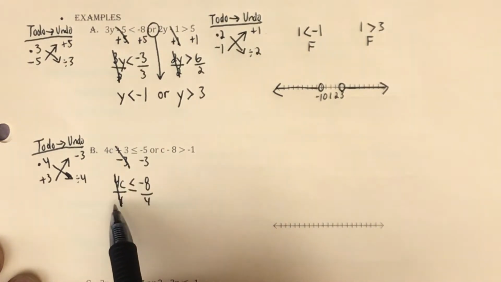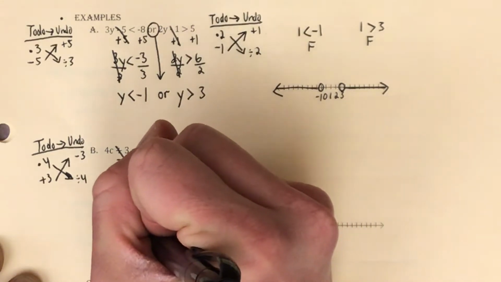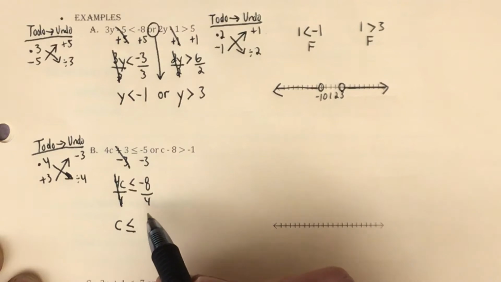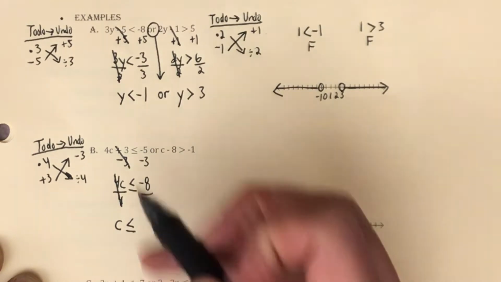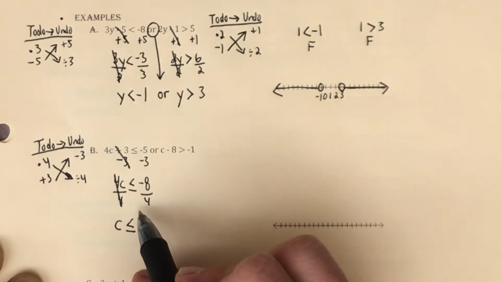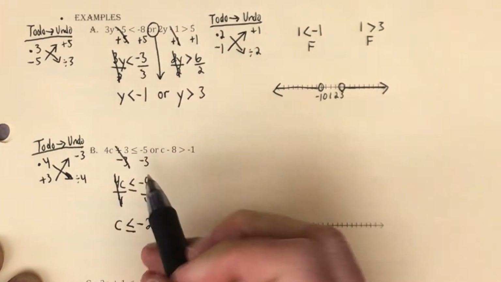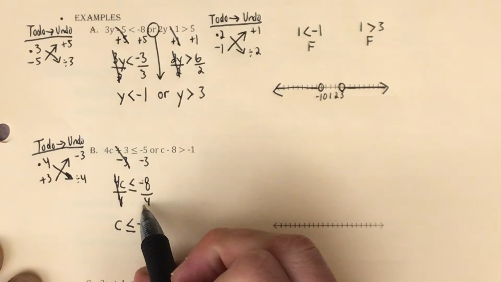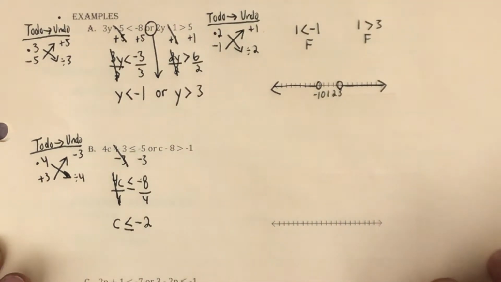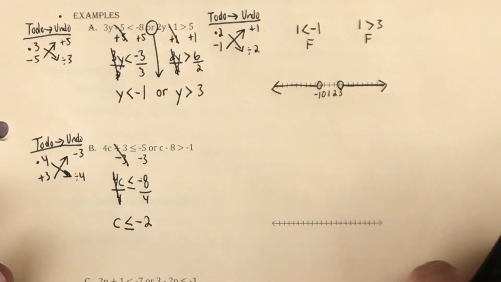Because I was dividing by a positive, it does not change the inequality symbol. And then I've got -8 divided by 4. Well, let's start with the numbers. 8 divided by 4 is 2. A negative divided by a positive is a negative. Bad thing happening to a good guy is bad. So I ended up with c is less than or equal to -2.